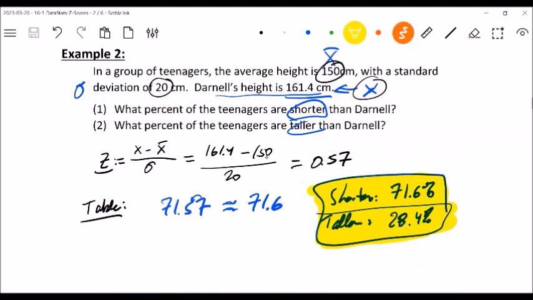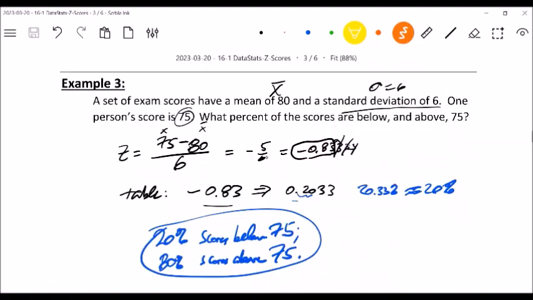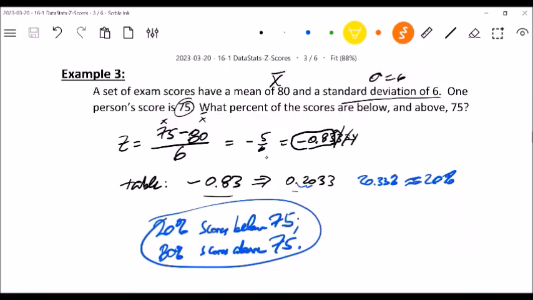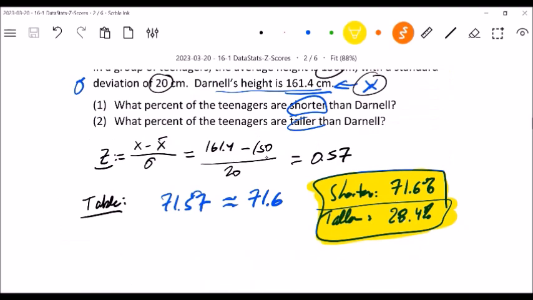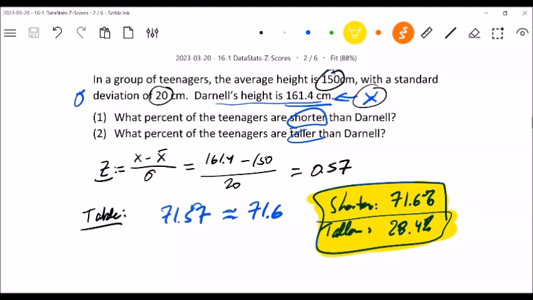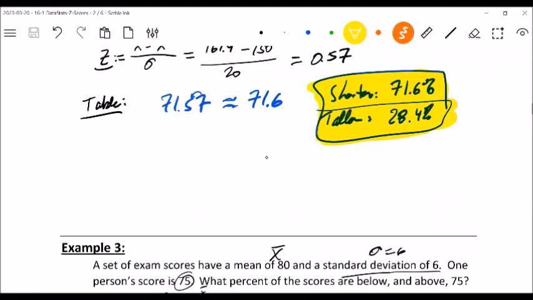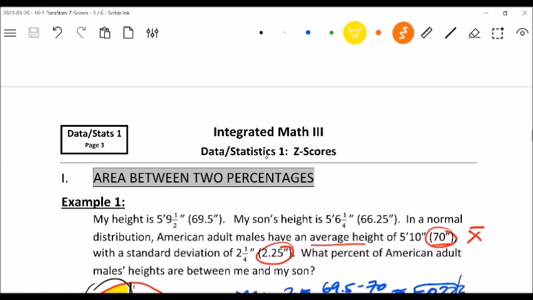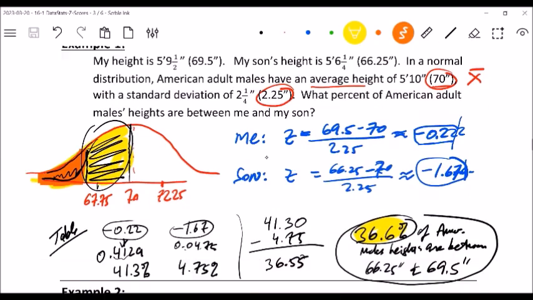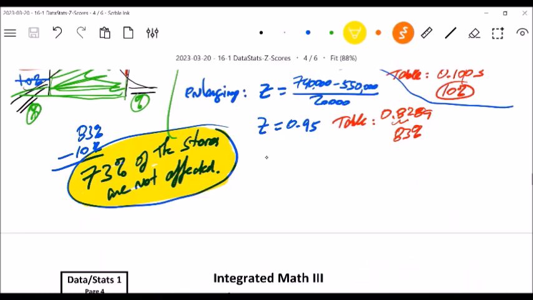Here is one with height, exam scores, another one with height. These problems are really good ones for knowing below and above, and how to use that little formula. So you'll want to make sure you memorize the z-score formula.